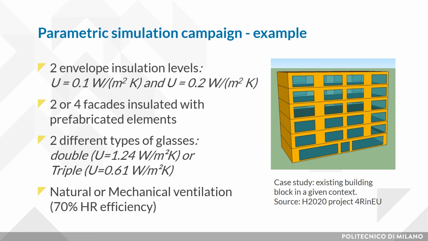So, the analysis is based on the combinations for insulation and ventilation as presented by these key selected variables. And the objective was to define the best set of technologies to be installed.